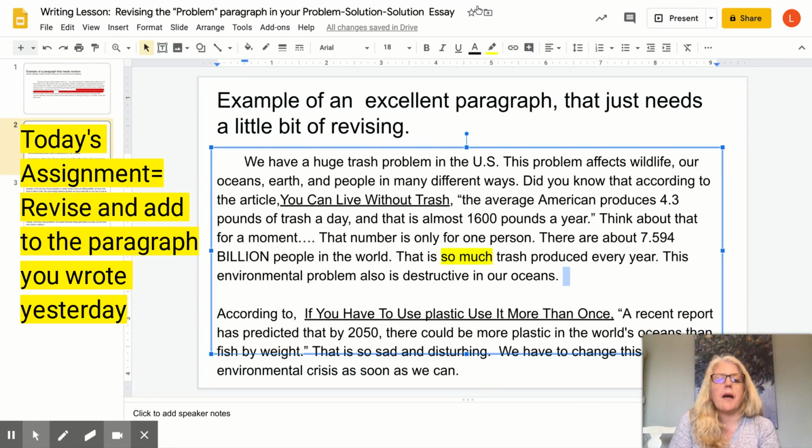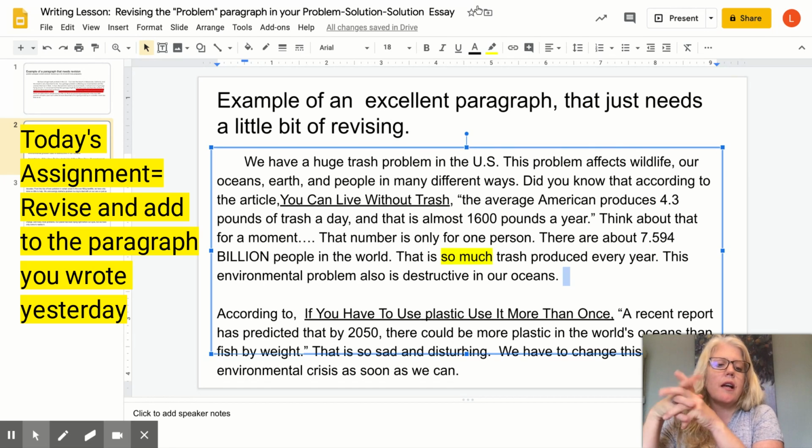So I might go back to the Tracking My Trash article and put in some facts about how in big cities such as New York City, we end up having to spend a lot of money and a lot of resources to truck all of the trash that's produced in the city out to a landfill 300 miles away, which is using a lot of fossil fuels for the gasoline and costing tons and tons of money to the economy. So you can use that as an example of the effects of having our huge garbage problem.